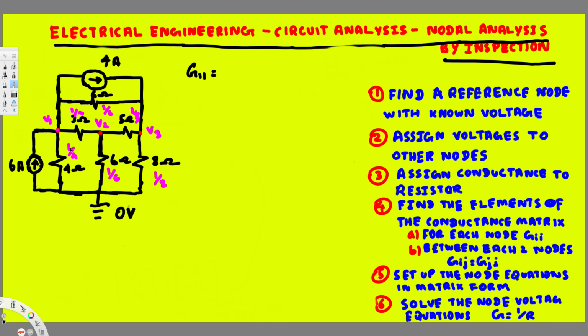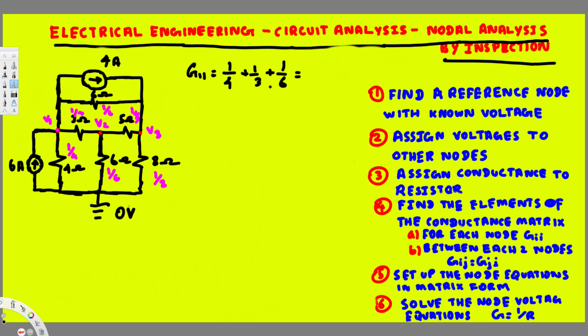If you notice we have 1 over 4 connected, so we put 1 over 4, and also we have 3 ohm connected with this one, so we put 1 over 3, and also this 6 ohm is connected, so we put 1 over 6.